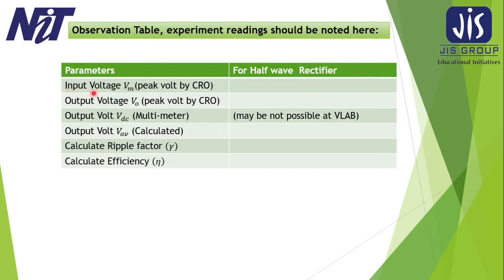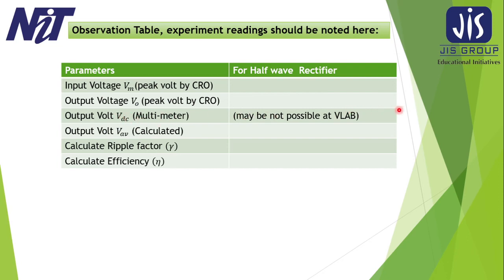First, input voltage Vm, which is the peak of your input signal, measured by a CRO, and the output voltage V0, also measured by a CRO, and the output voltage VDC measured by a multimeter. That is why it is called VDC, because a multimeter in DC mode, DC volt measurement, can only display or measure the DC part of the signal component.